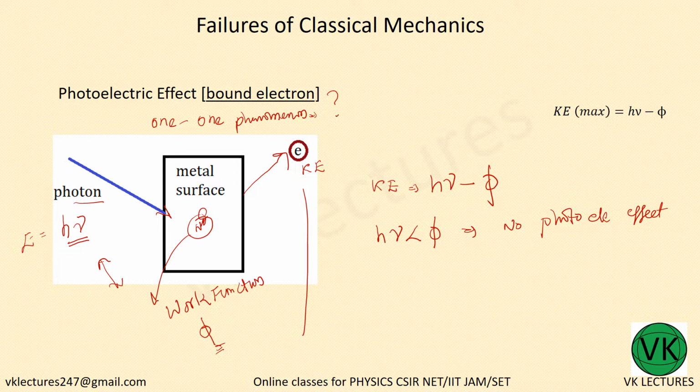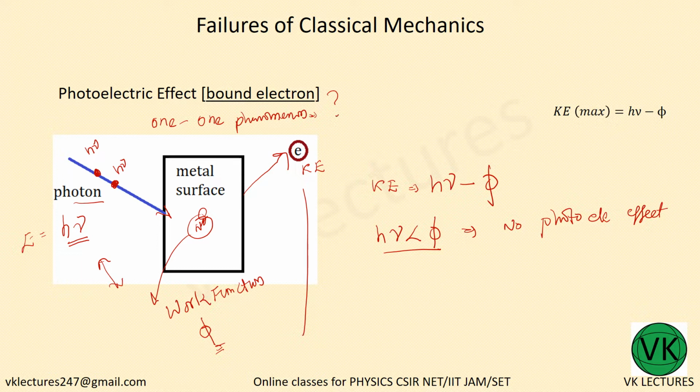So I am assuming here there is one photon. This is one photon hitting one electron. Suppose two photons are hitting the same electron, one after the other, of the same energy h nu, which is less than phi. Then is there a chance of photoelectric effect?